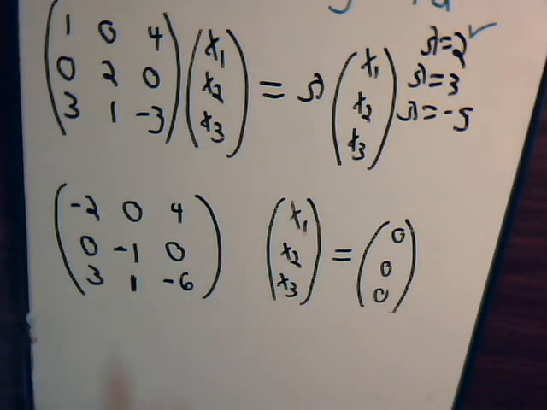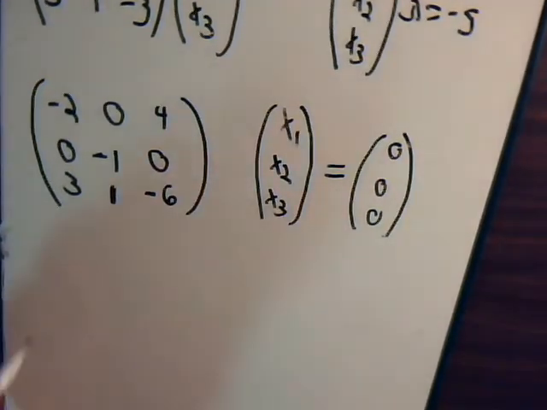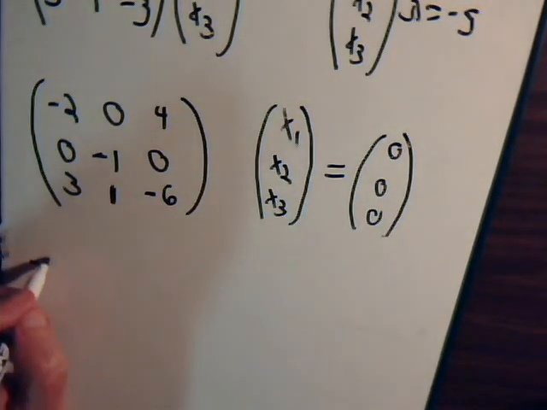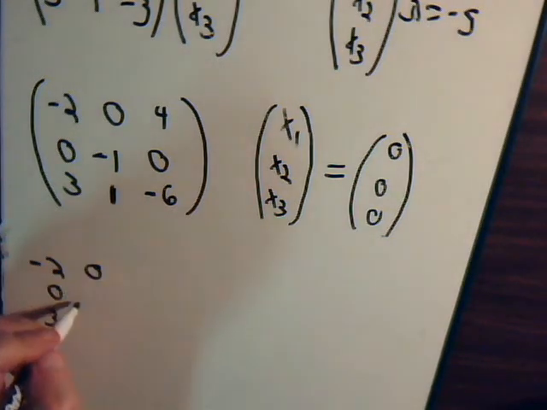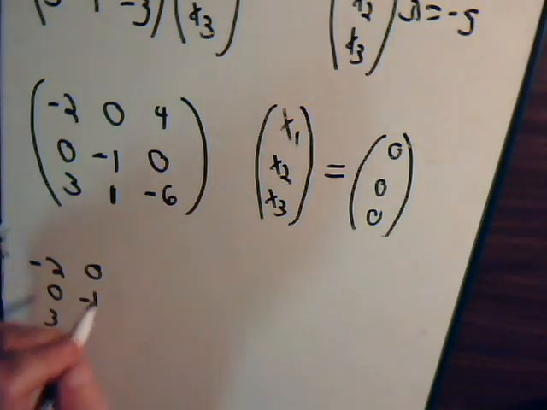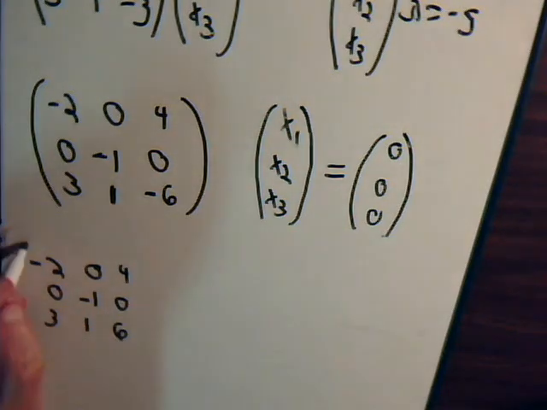Okay, let's write an augmented matrix form. We have minus 2, 0, 3, 0, minus 1, 1, 4, 0, 6.